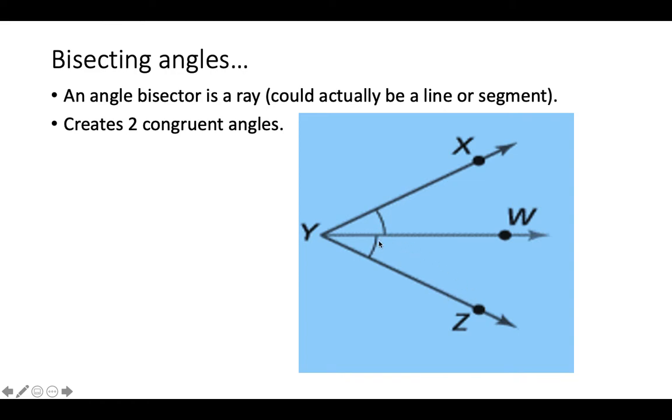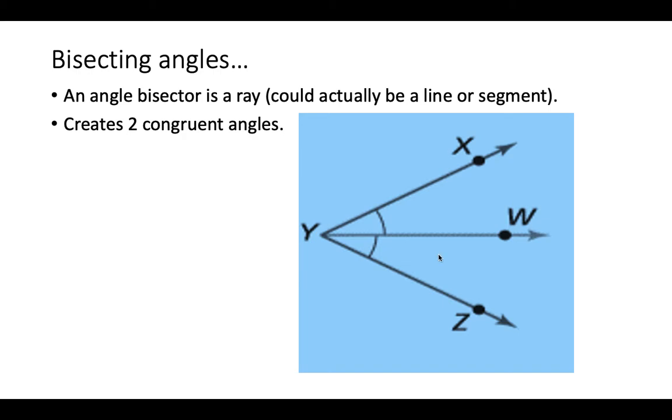Their measures are equal and they are congruent. That's why I've marked these with just one tick mark. They are congruent. So a bisecting angle, this ray YW, cuts angle XYZ in half, exactly in half.